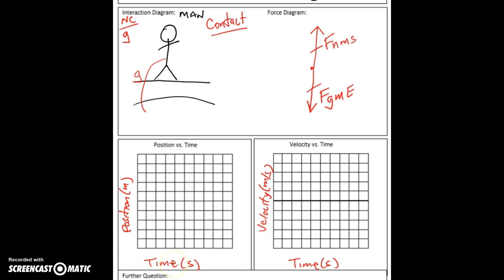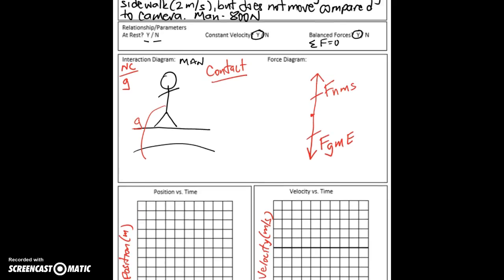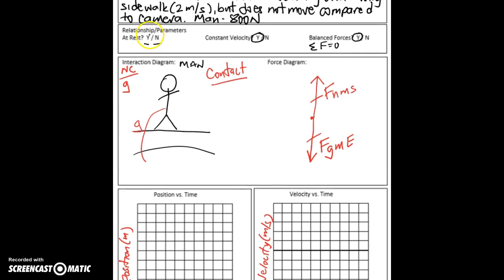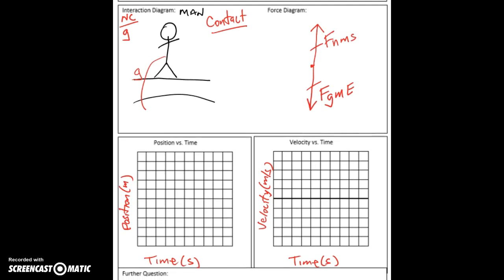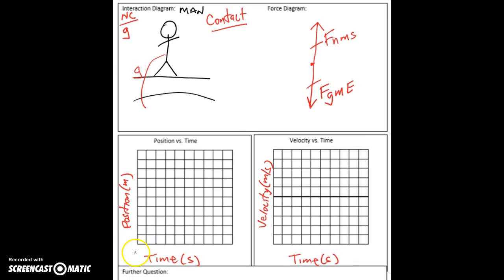Position and time graph. I'm going to, in my case, go back up here a moment. I'm going to consider that he is not moving relative to the camera, so I'm going to say that yes, he's at rest. Maybe a bit odd to think of it that way. If I put a time in here, 0, 1, 2, 3, 4, 5, 6, 7, 8, 9, and 10 seconds, it's going to be his position with respect to time.